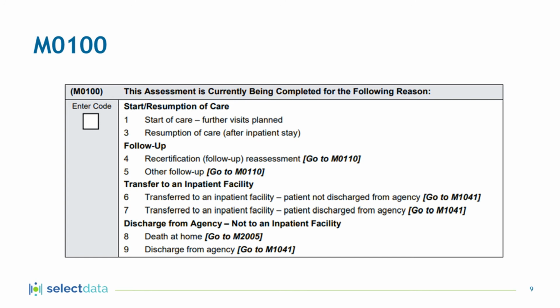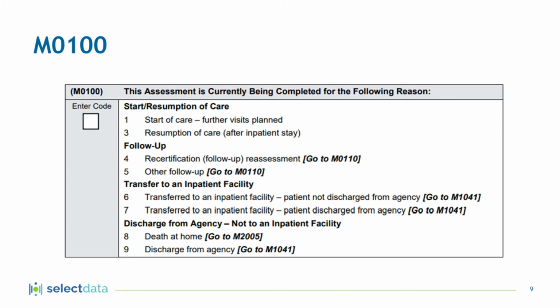M0100, the item states, this assessment is currently being completed for the following reasons. Option 1, start of care with further visits planned. Option 3, resumption of care after inpatient stay. Option 4, recertification or follow-up assessment. Option 5, other follow-up.